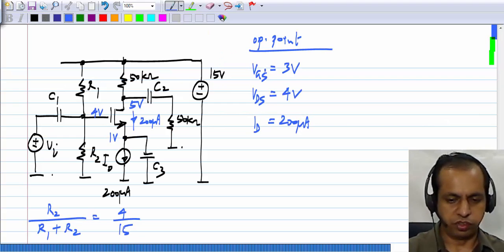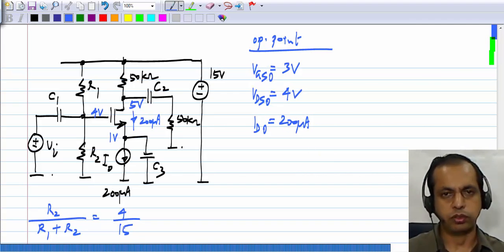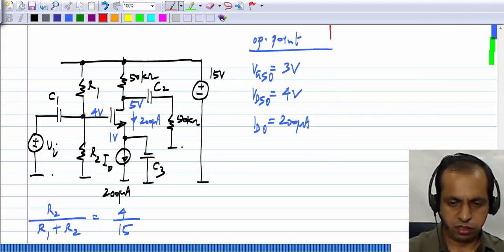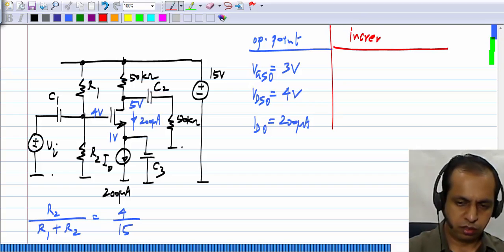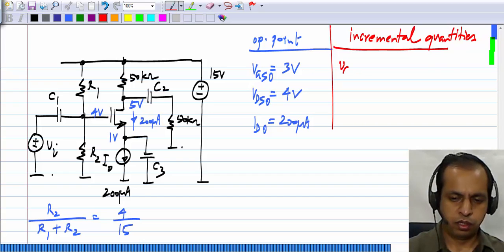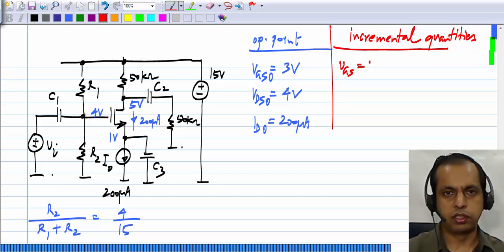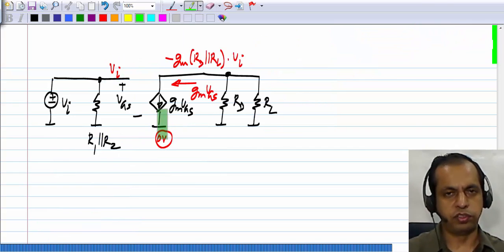Let me refer to the operating point quantities as VGS 0 and VDS 0 and ID 0, and the incremental quantities will be VGS equals Vi, because at the gate you have Vi, at the source you have 0.